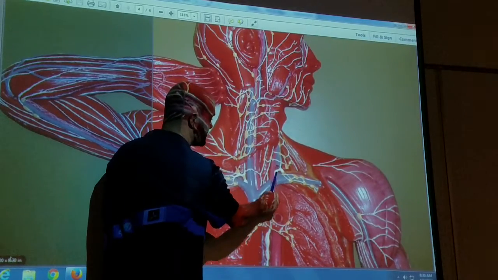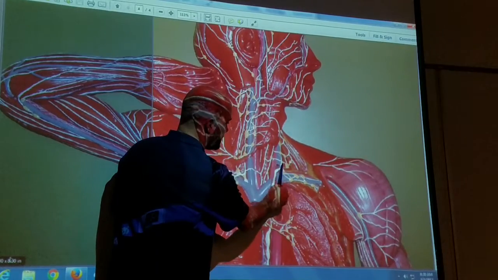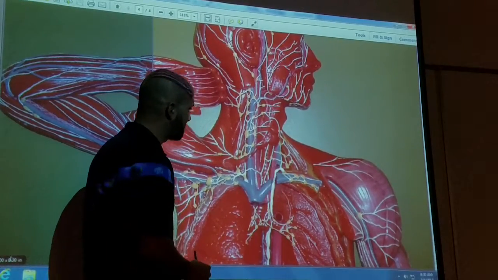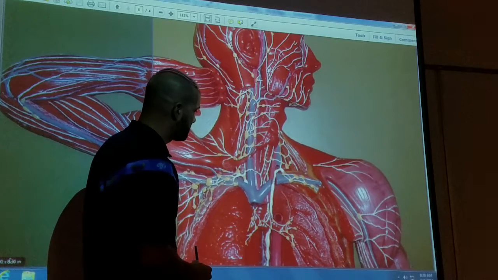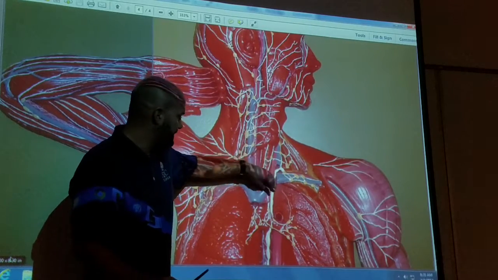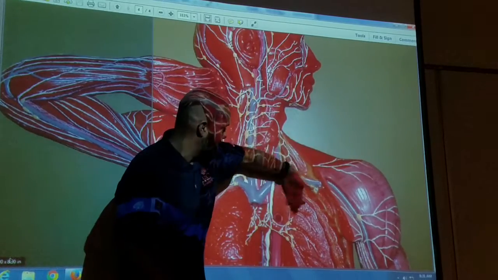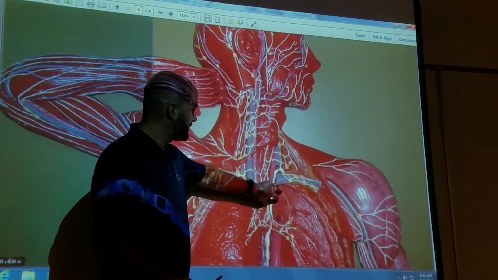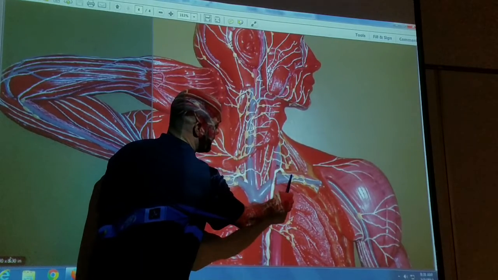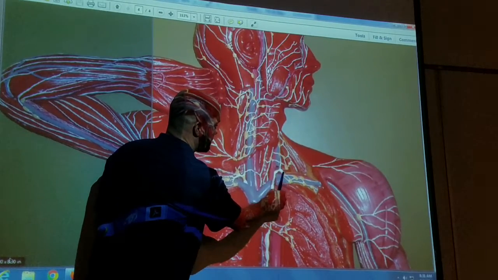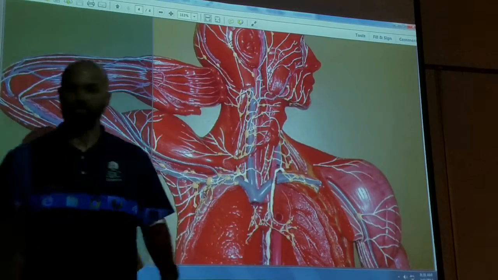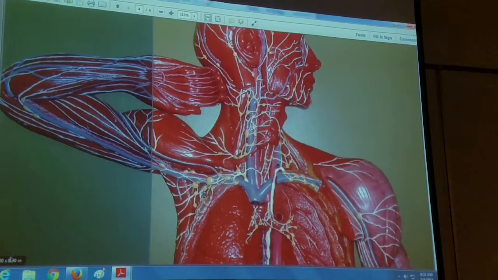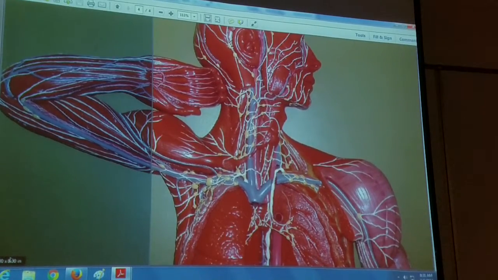And then this is thoracic duct, and this one emptying into it is left jugular. And then again, you can't see bronchomediastinal very well from this view. Has to be more of a side view, so the other image is better for that. But left bronchomediastinal is down here. And then coming over this way would be left subclavian trunk. So I think that pretty much covers it for that one.